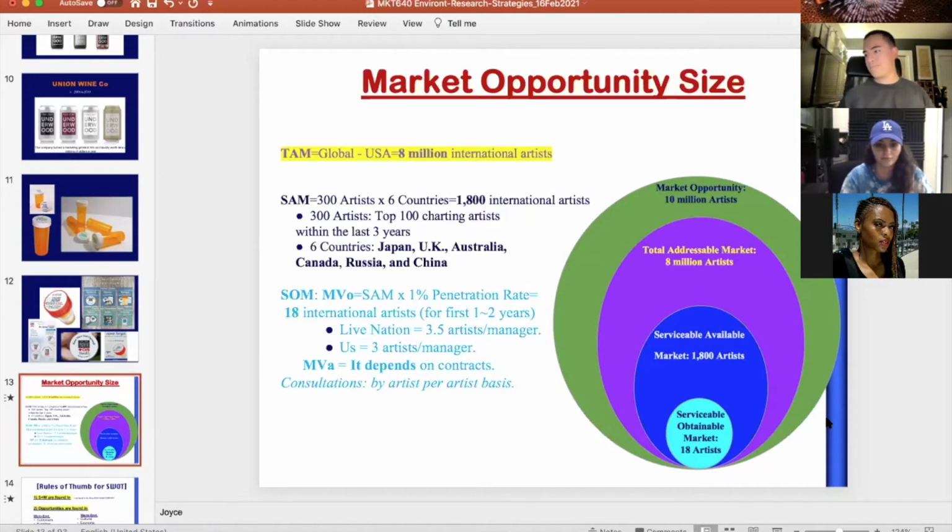And then obviously the percentage of penetration rate is very dependent on the size of your SAM. The larger your SAM, the less likely that that number is going to be big for a startup, for like a young artist.